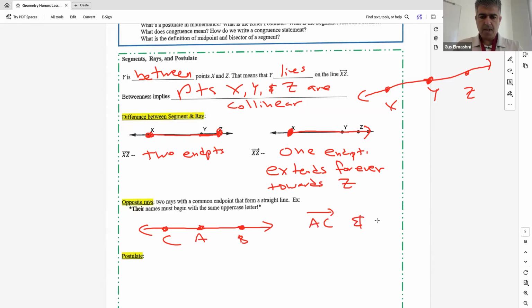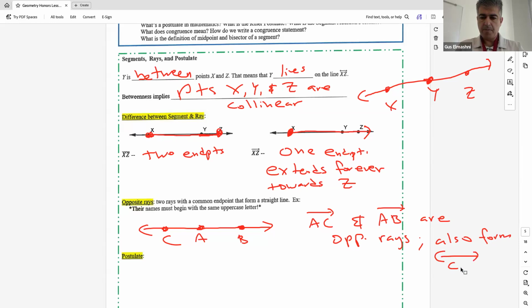AC and AB are opposite rays. Would that be a line? Yeah. Yep. That's a good observation. Also form line CB. 100%.